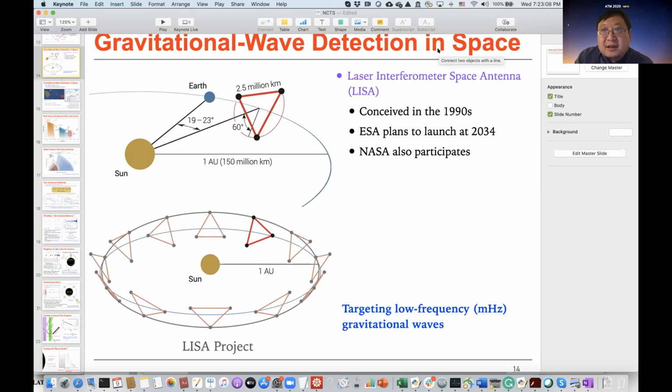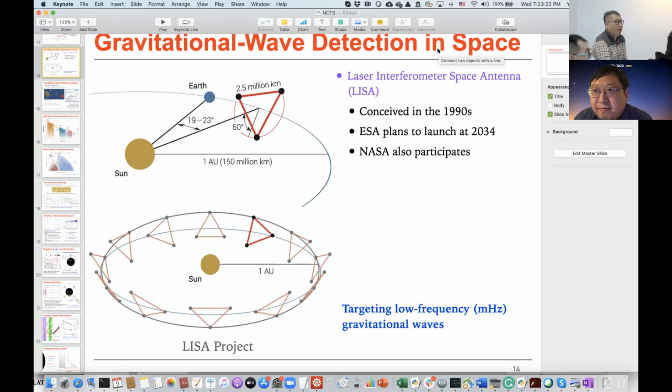Any more questions? So, does LIGO have any plan? You mentioned going below the standard quantum limit. Sorry, I can't hear the question very clearly.